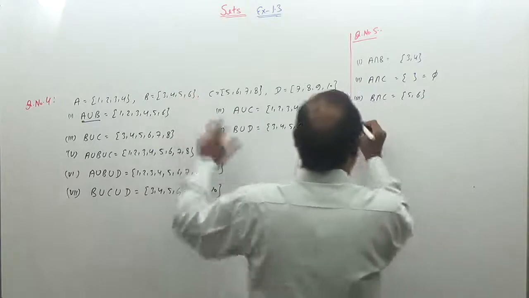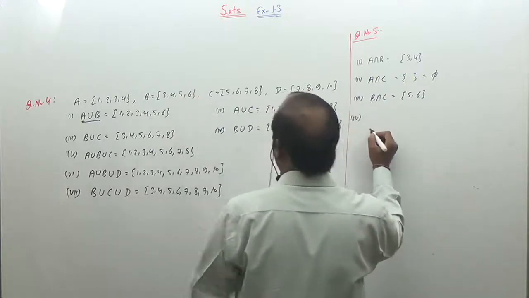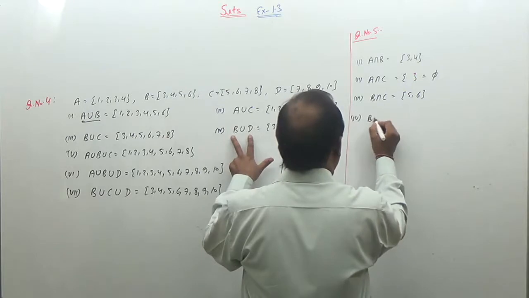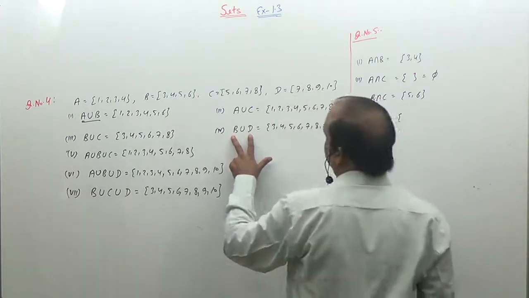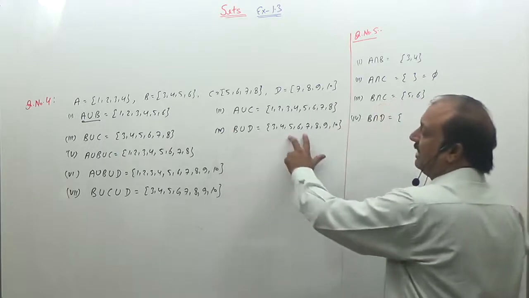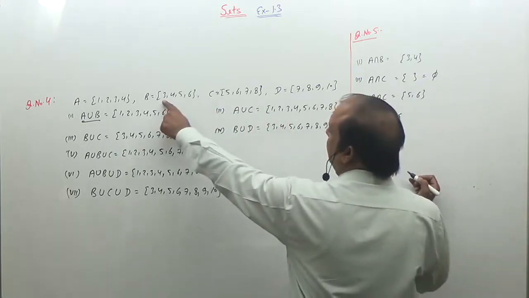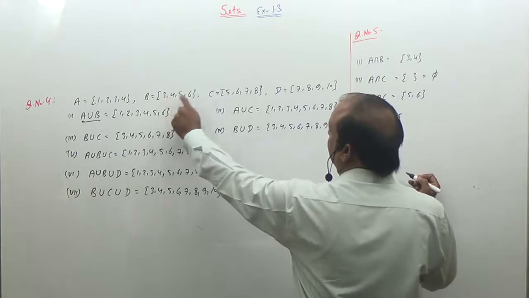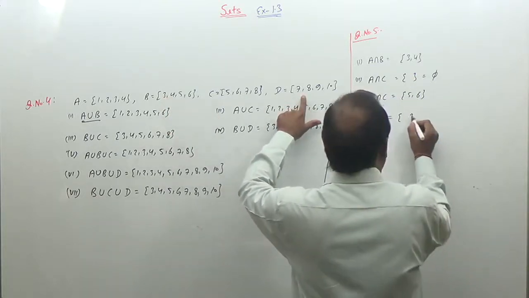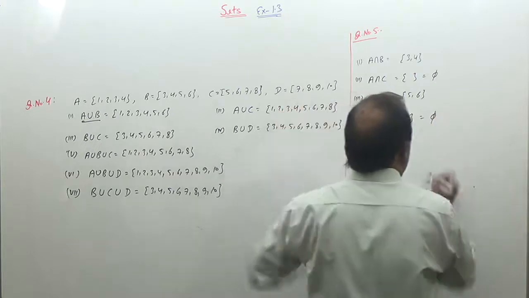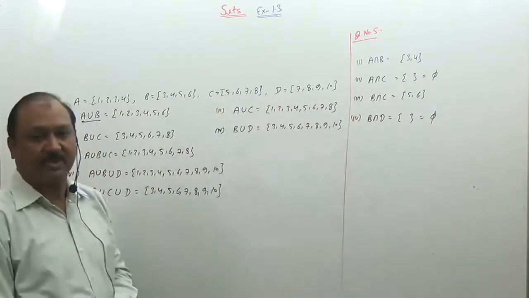And similarly fourth part is B union D. Convert करें B intersection D में. So B intersection D means the common elements of B and D. B set contains the elements 3 4 5 6. D contains the elements 7 8 9 10. So there is no common element, so this is also null set.